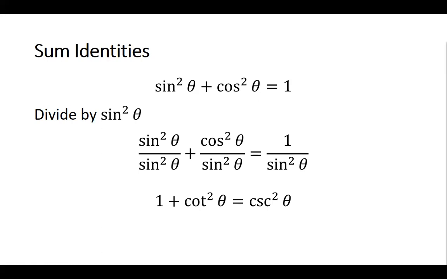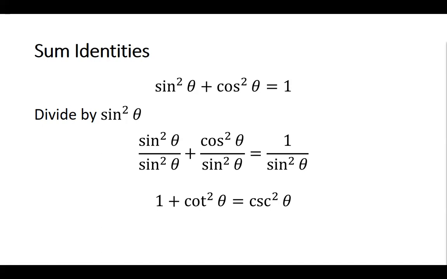Keep in mind that the power rule says that if we have a ratio, we can take the exponent of the ratio and distribute it through the ratio. So if we have the quantity a over b squared, we can make that a squared over b squared.